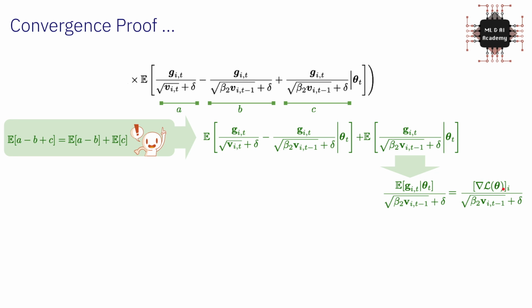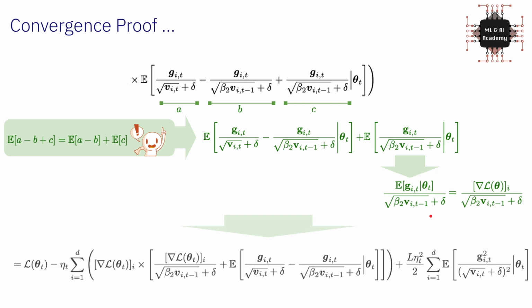Right, so I think there is just a minor typo here. This should have been theta t actually instead of theta, but this holds for any theta, so that's all right. It should have been theta t because we're just studying G_{i,t}, i.e. at theta t. But the idea here is that you have this E over G_{i,t} given theta t will give me nothing but the ith component of the gradient, and the denominator does not depend on theta t. That's why I can take it out.